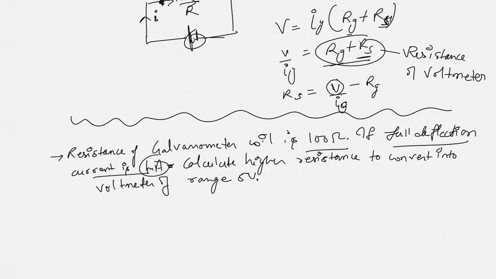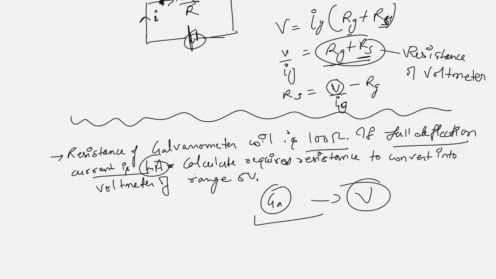What it is asking is that you have to calculate the required resistance. You are given a galvanometer G and you have to convert it into a voltmeter such that it can measure 5 volt. So please do it. Try to solve it and get me the answer.